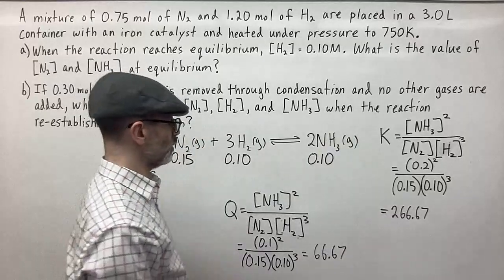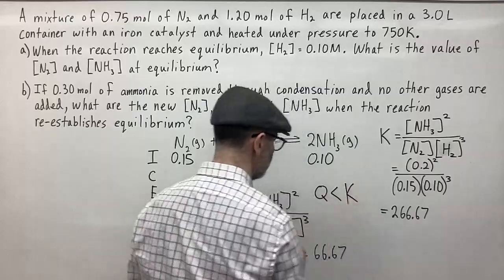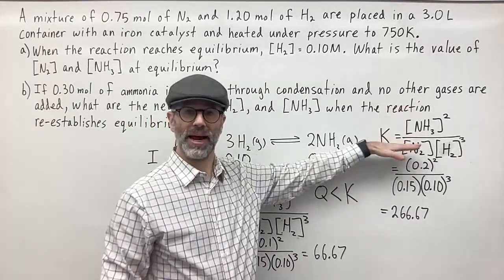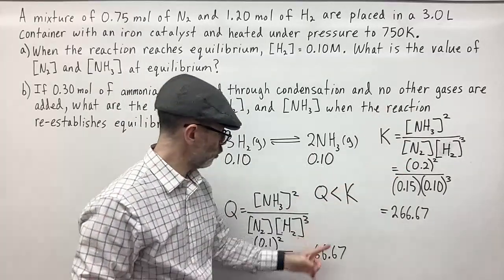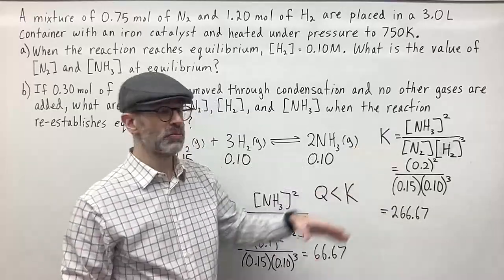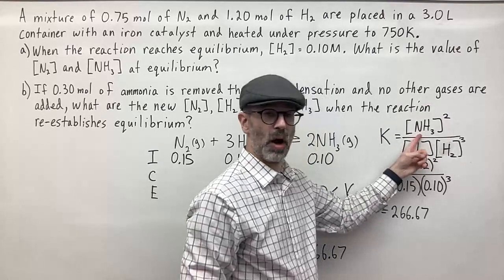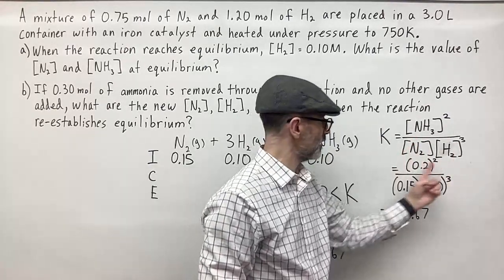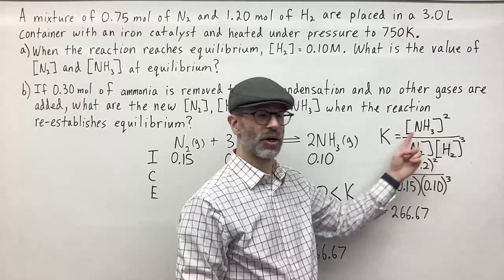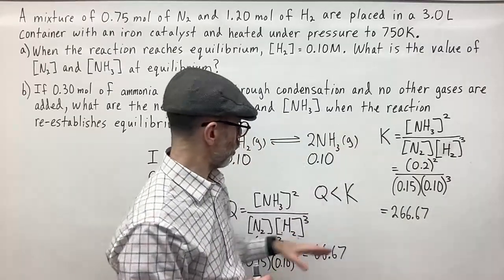And so here you can see that Q is less than K. Remember, it's a ratio of products over reactants. If your Q is smaller, that means the numerator is smaller and the denominator is larger. So a smaller numerator and a larger denominator gives you a smaller ratio, which is what K is.